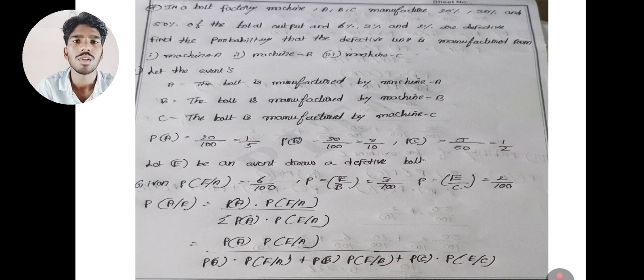P(A/E) equals P(A) into P(E/A) divided by the sigma of P(A) into P(E/A). The main formula below is P(A) P(E/A) divided by P(A) P(E/A) plus P(B) P(E/B) plus P(C) P(E/C).